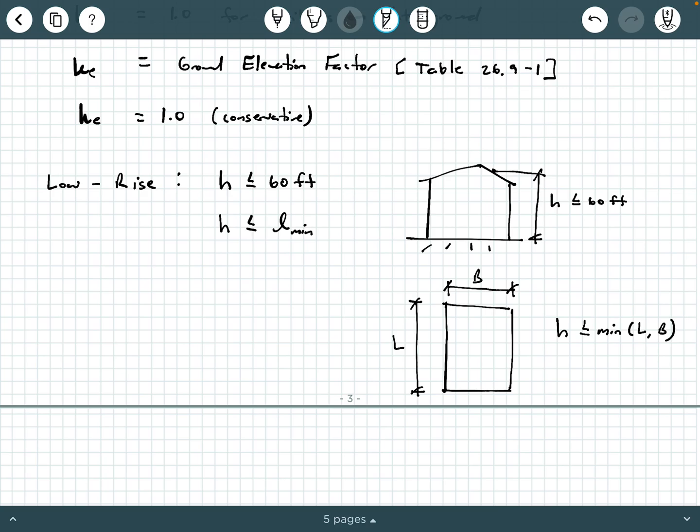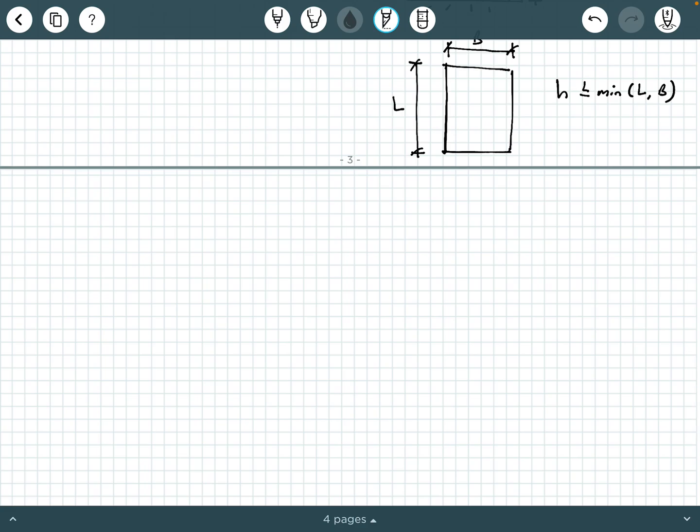That's why it's important to understand what it means to be low-rise.